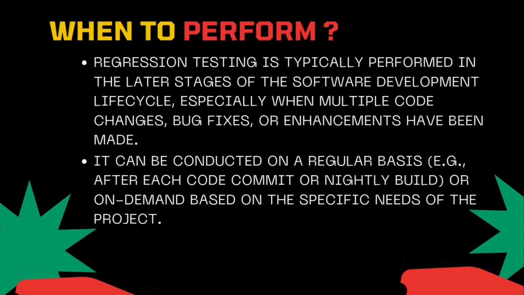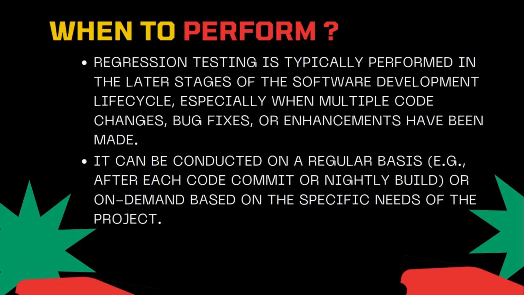Or if you want to run particular methods of a class, that also we can do. So we execute it and assert it, comparing the results. After that, if any test cases are failing, we investigate, and if we find any bug, then we have to report it. Bug reporting is done, and the same cycle is repeated at least once in a week. So these are the steps in regression testing.